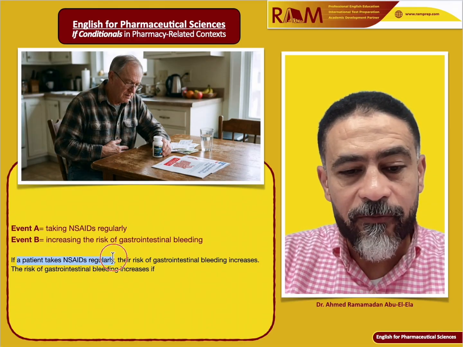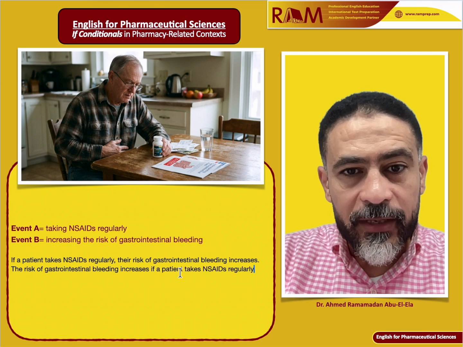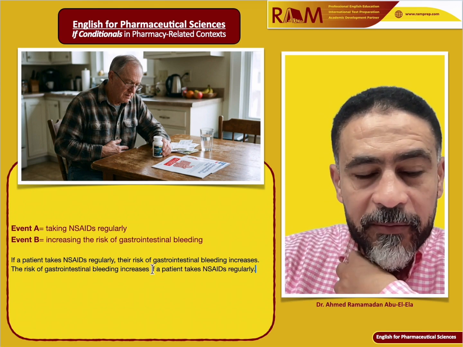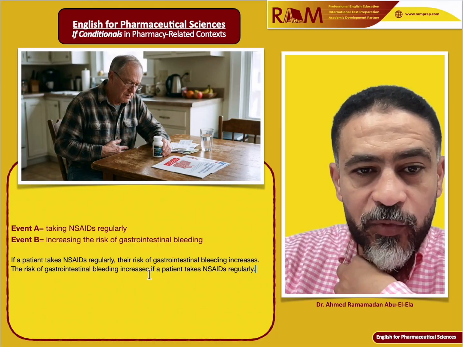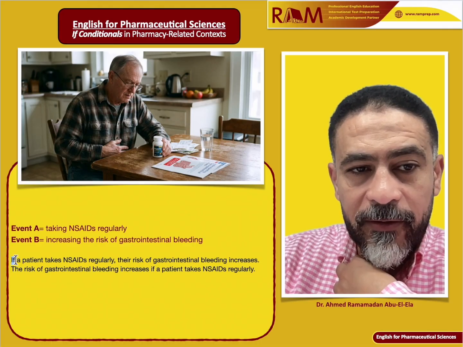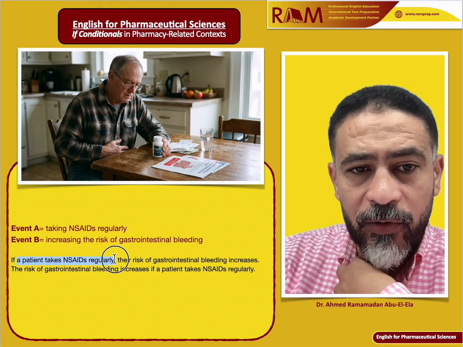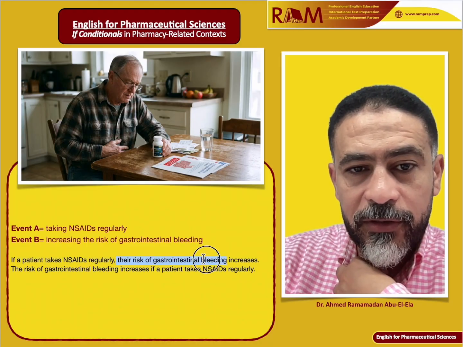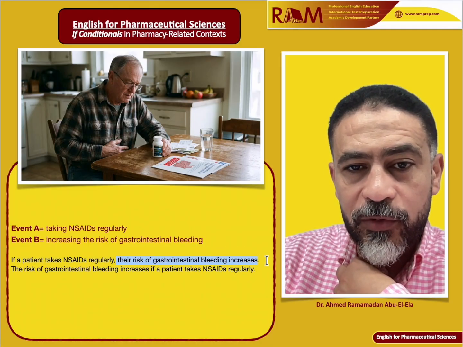This is cool. When you use if in the middle of the sentence, we do not use a comma. But if you start with if, then you have the cause, you have to put a comma, then you write the effect, then you write your full stop.